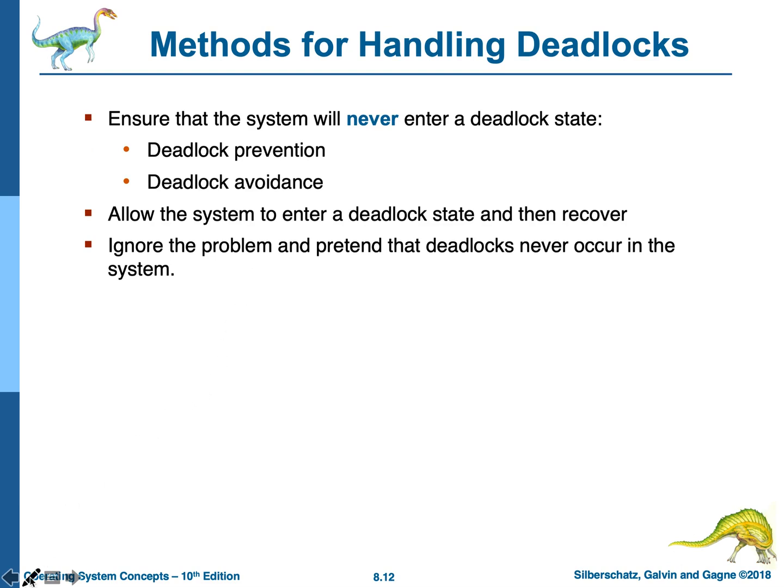Okay, so methods for handling the deadlock. Now there are actually 4 methods of deadlock handling. Number 1 is deadlock prevention, number 2 is deadlock avoidance, number 3 is deadlock detection and recovery.